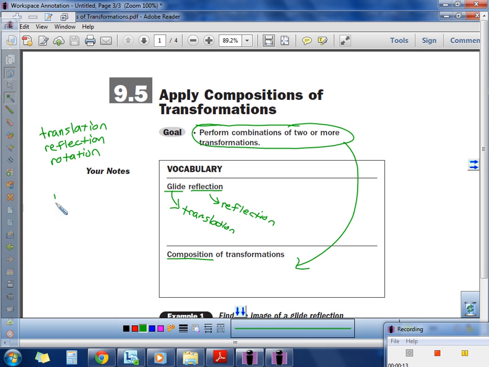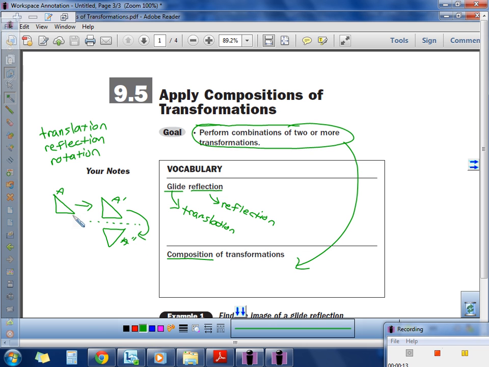So one more time, if you have a shape like a triangle, sometimes they'll say translate it, and then maybe reflect it over this line. So you'll have your A shape, your A prime shape, and then your double prime shape.